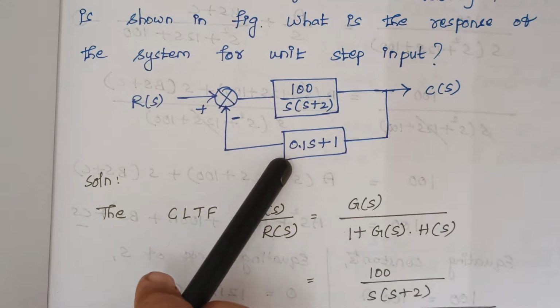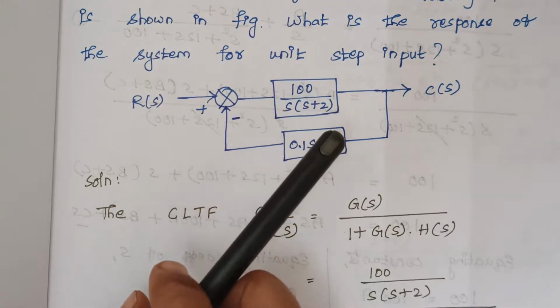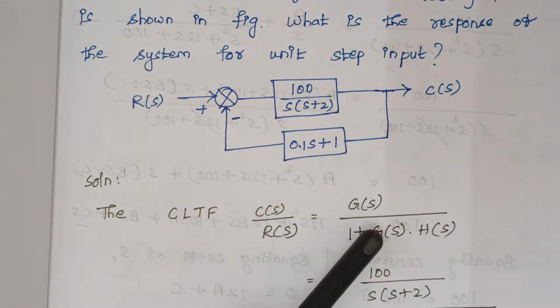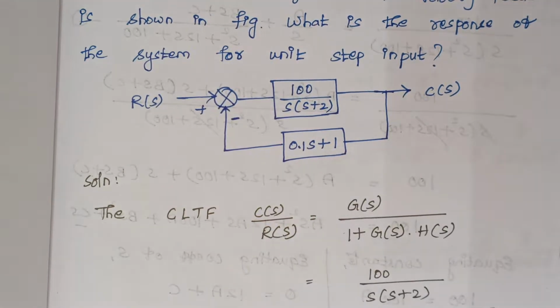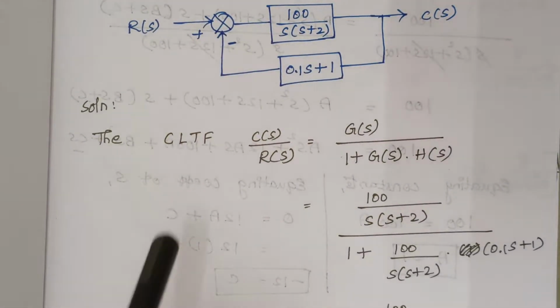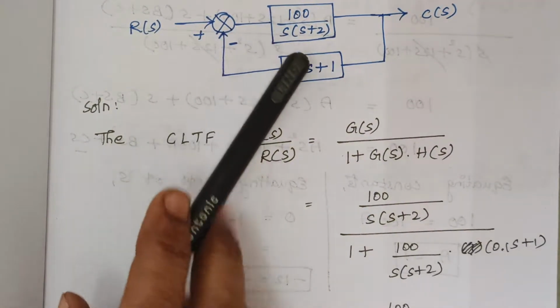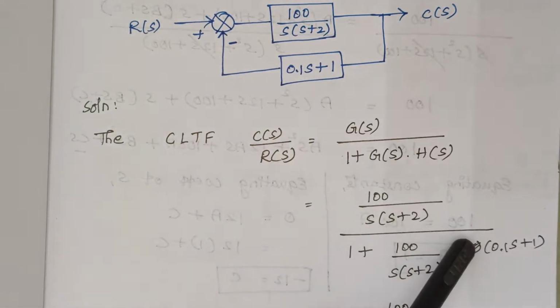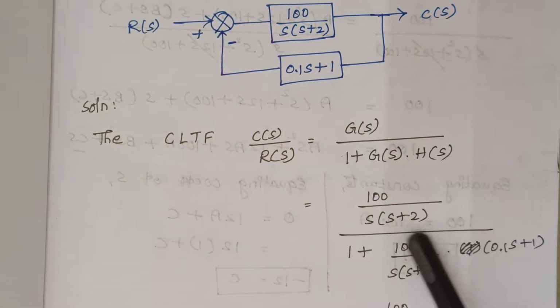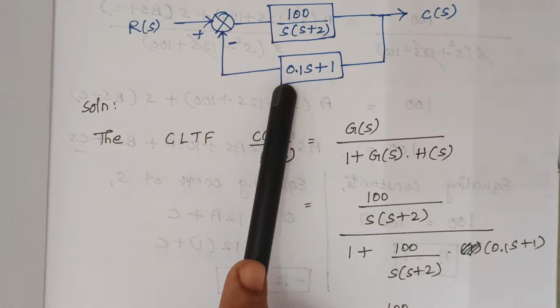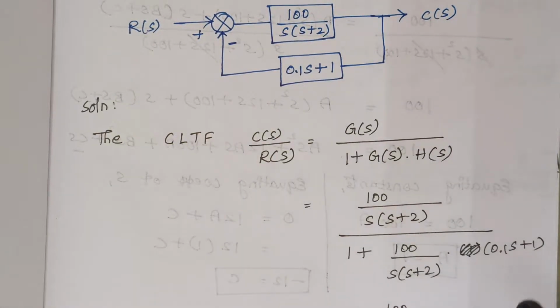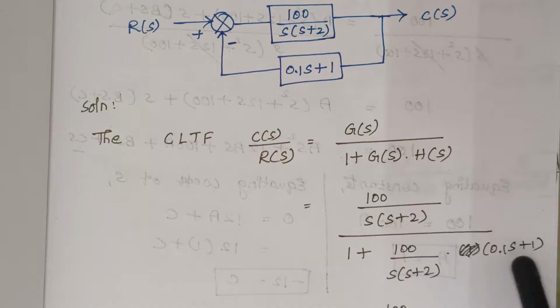Now we are going to substitute the values of G(s) and H(s) in this formula. So G(s) divided by 1 plus G(s), and here H(s) is 0.1s plus 1. So in the place of H(s) we have substituted 0.1s plus 1.